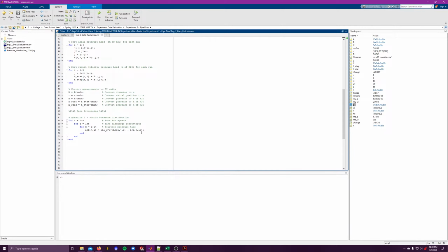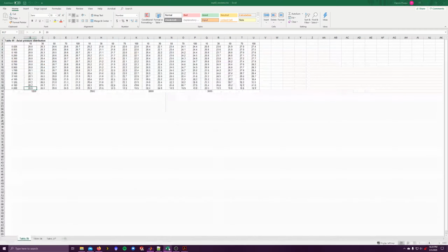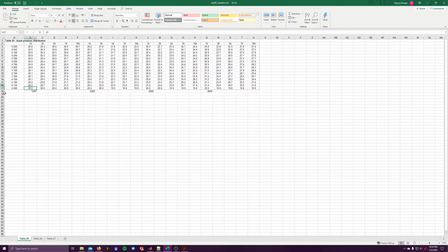So let's think of it this way. If I want to find the static pressure for the first tap, we have rho times g, then we have times h of 15. Remember this is for our variable k for the pressure tap. If I look at my h data, I have h of 15. So this is all my head data, all of this stuff here. Remember, we had 15 rows right here. So h of 15 is all of this data.